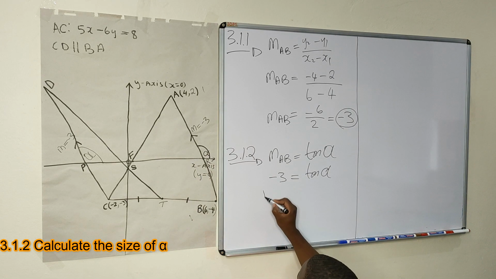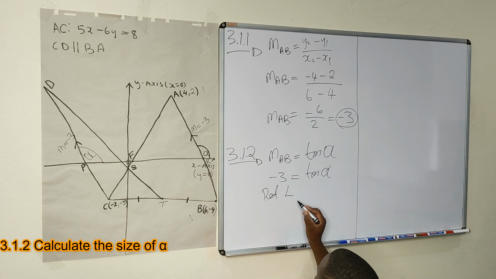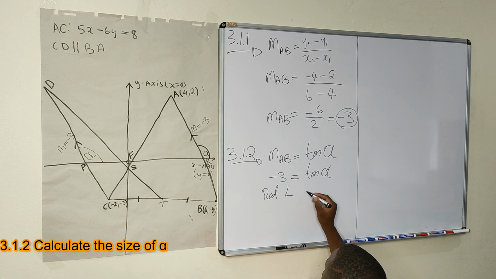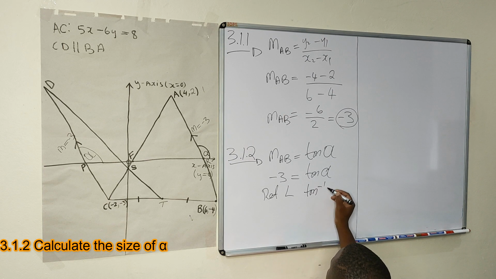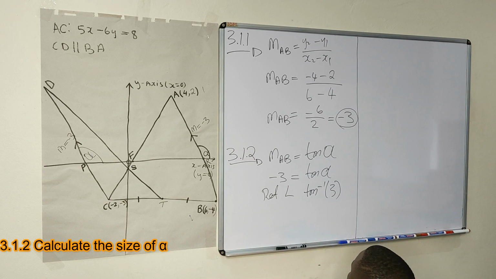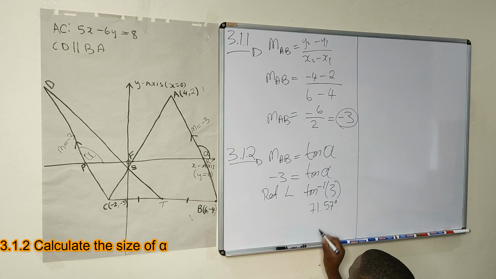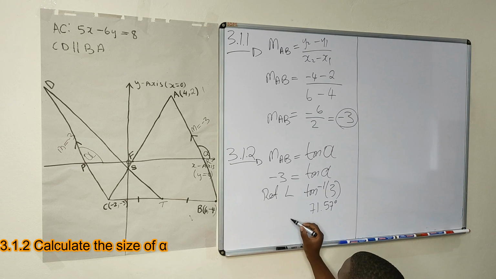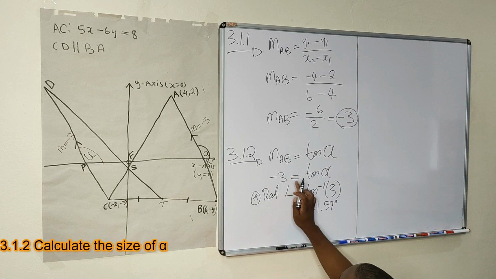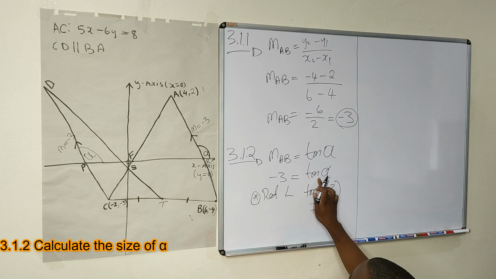Then you find the reference angle, which will be arctan 3. So you take arctan of 3, which is shift tan of 3, which is 71.57 degrees. So this is the reference angle. But we want the quadrant where tan is negative.